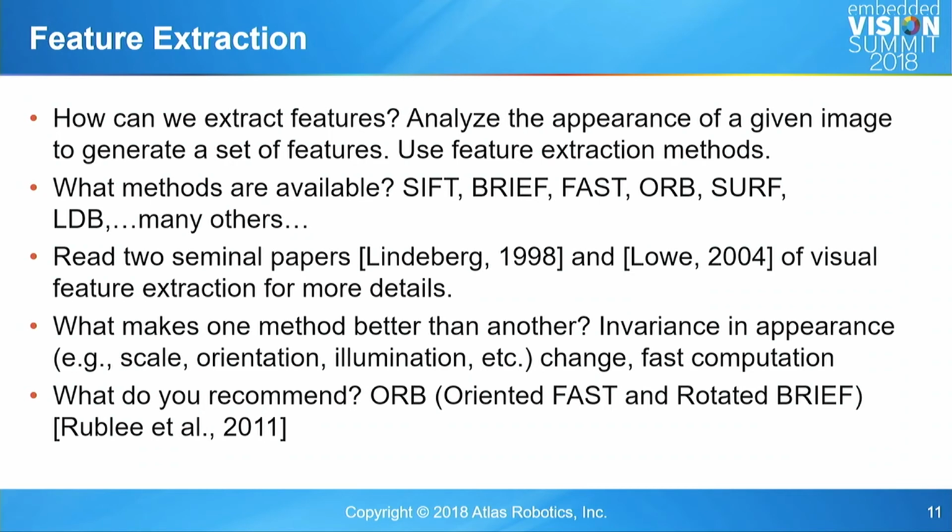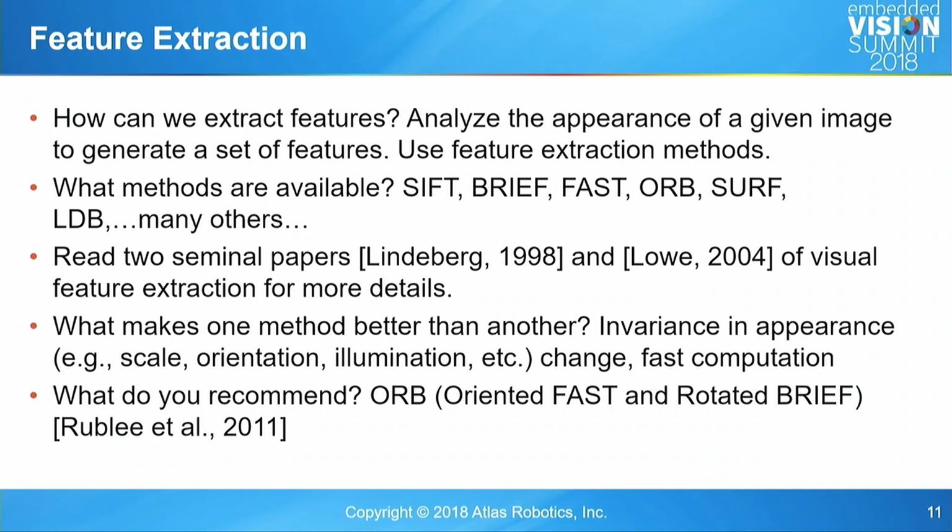If you want to have a really good understanding of visual features, I would recommend these two papers. They talk about scale space, and they talk about the properties a good feature should have. So what makes one method better than the others?